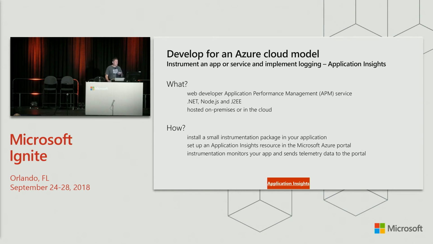We support all kinds of languages: .NET applications, Node applications, Java applications. It's essentially a small instrumentation package that you plug into your application, a small snippet of code so you can send back the telemetry. It can be custom telemetry that you define. And again, it's all the way back to the Azure portal, and it supports on-prem and cloud-based applications.